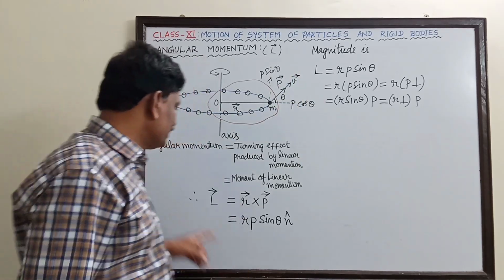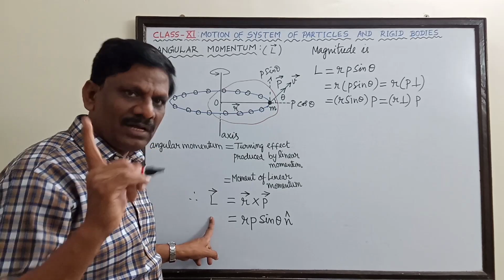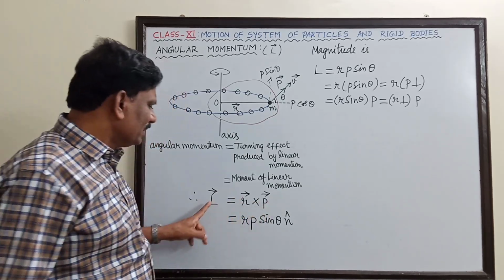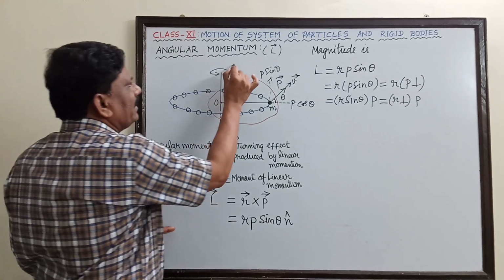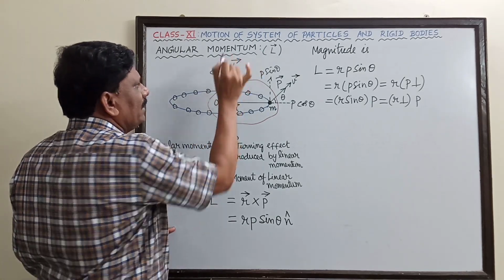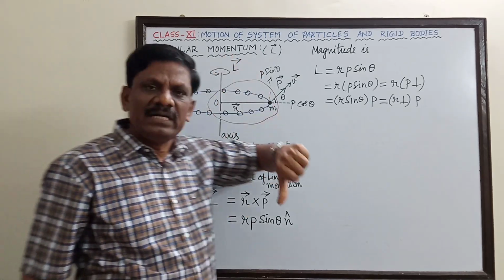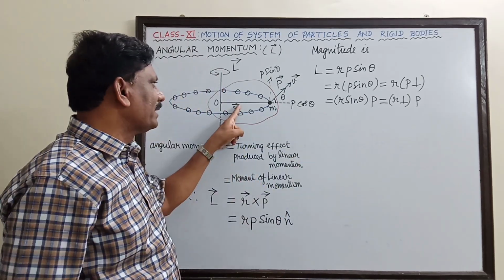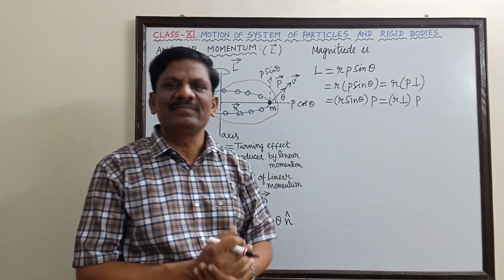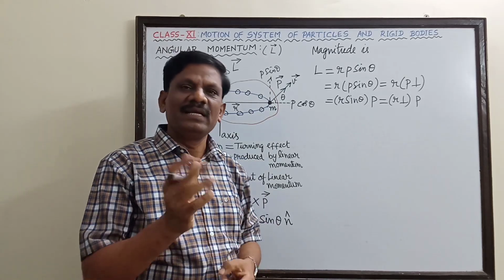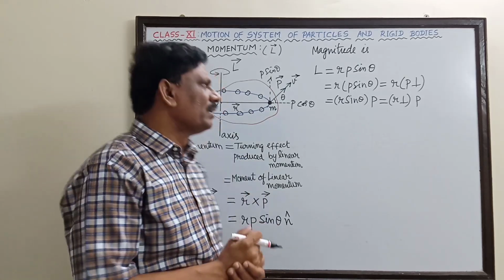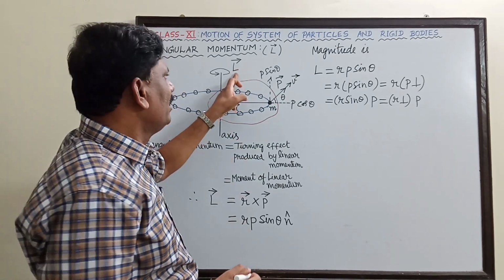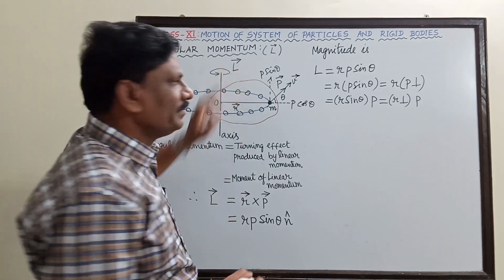Understand that? So this is the expression for the magnitude of the angular momentum. Actually, angular momentum is a vector. Since it is a cross product of R vector and P vector, the direction of L vector will be either upward or downward, perpendicular to the plane containing the two vectors R and P, is it not? By right hand screw rule. Okay. So this is the angular momentum vector.